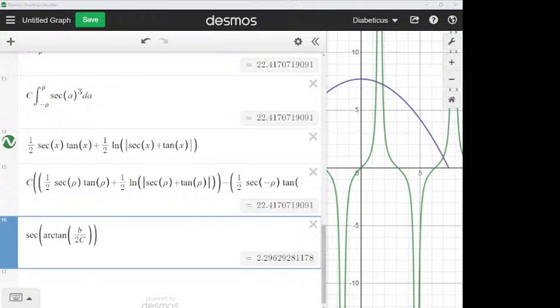I'm just gonna imagine. Do I have to explain how to evaluate this? Because this is without any visual detail. Draw a right triangle that represents an angle, with the opposite side of b and the adjacent side 2c.